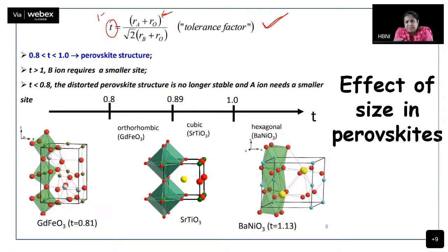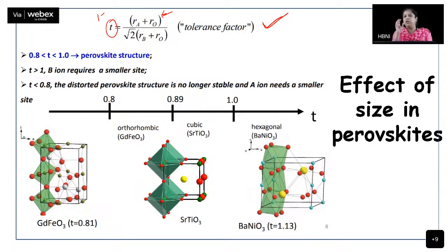Whatever we just studied about perovskite, A occupying the center, B occupying the corners, oxygen occupying the edge centers, and all the octahedra are perfectly straight and joined. That is your cubic perovskite. That will happen only if the sum of RA plus RO is 1.414 times RB plus RO.